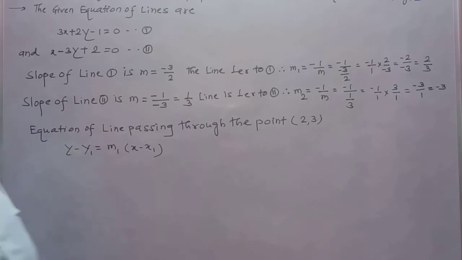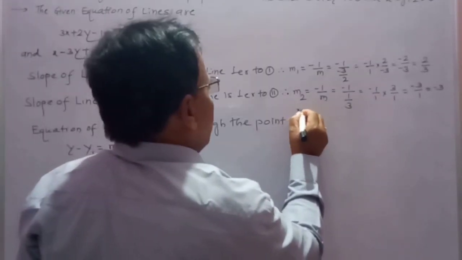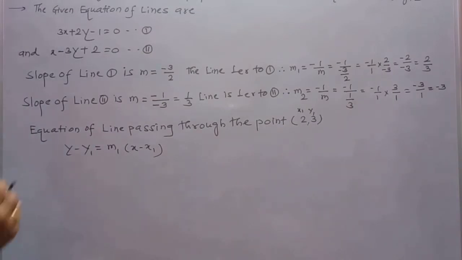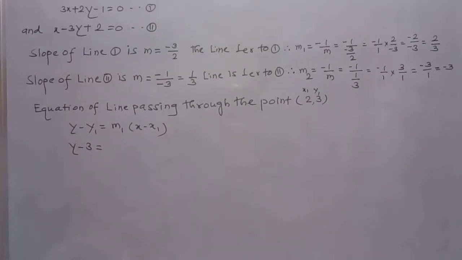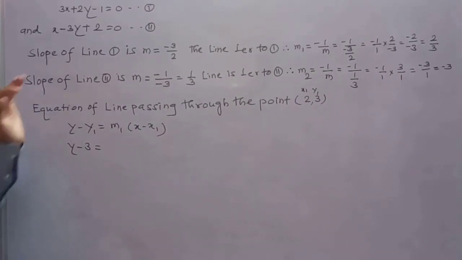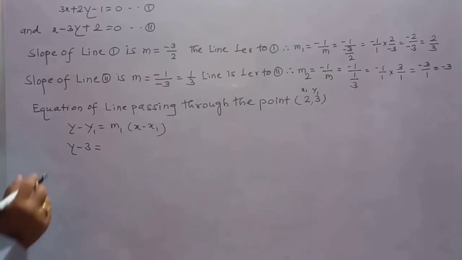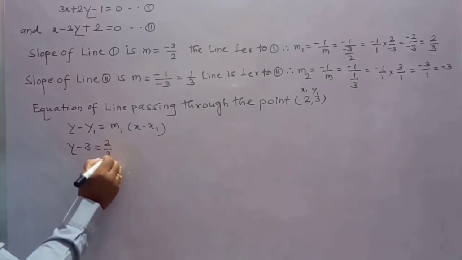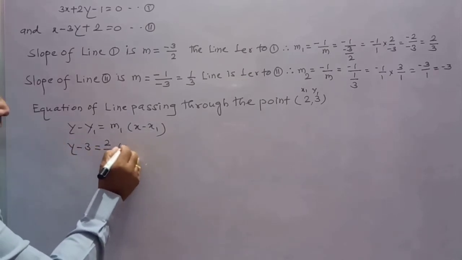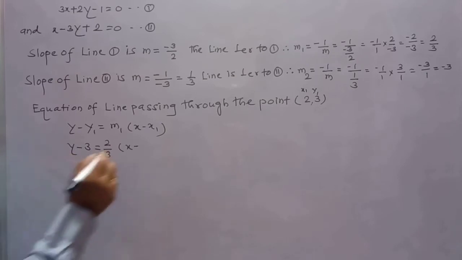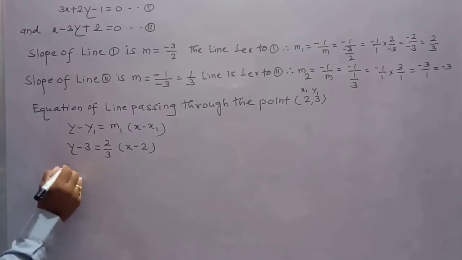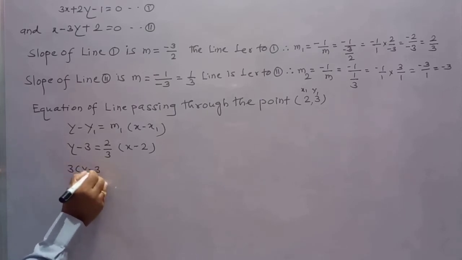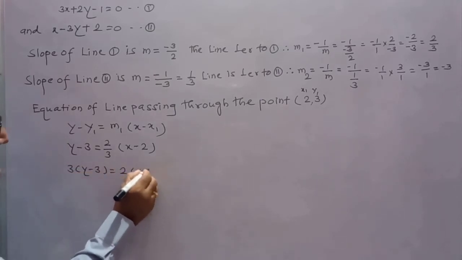Here x1 is 2 and y1 is 3. Therefore, y minus 3 equal to the slope of the perpendicular line, m1 equal to 2 by 3, into x minus 2. Transposing the 3 to the left side, 3 into y minus 3 equal to 2 into x minus 2.